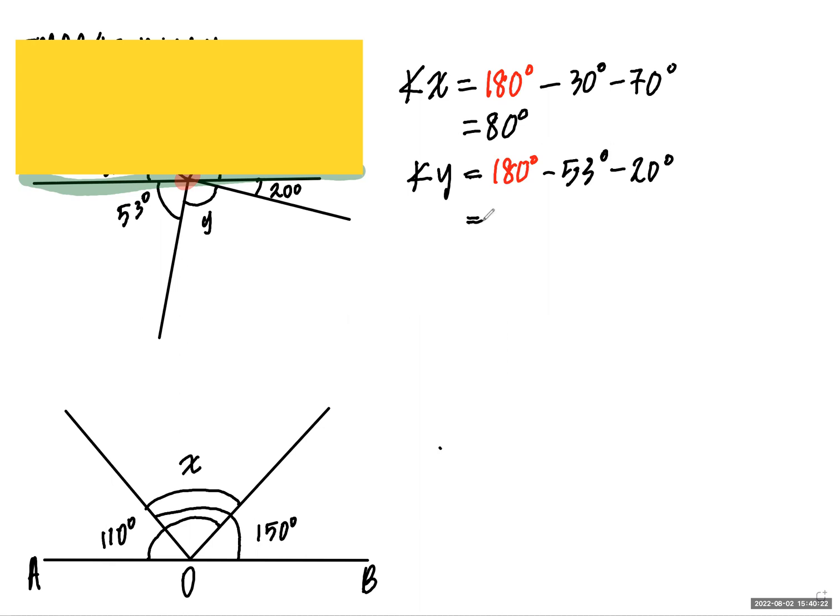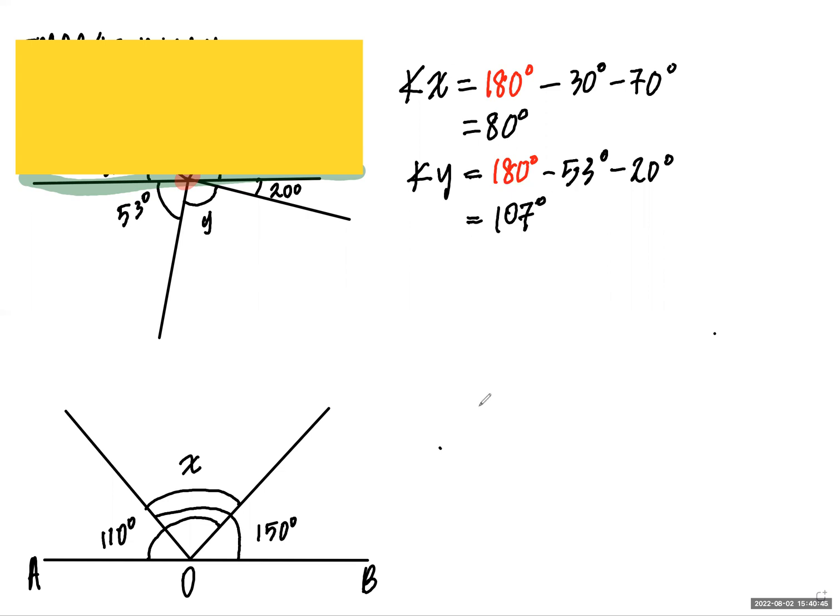Okay, so use a calculator. 180 minus 53 minus 20. And what do you get? Okay, that's it. And that is angle Y, 107. So that's angle X, angle Y, done.